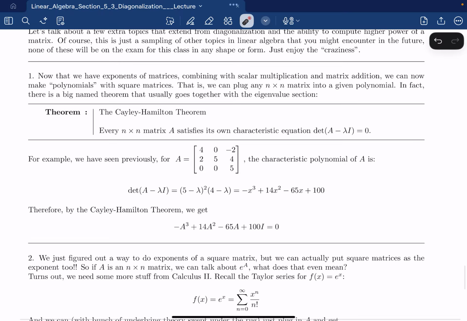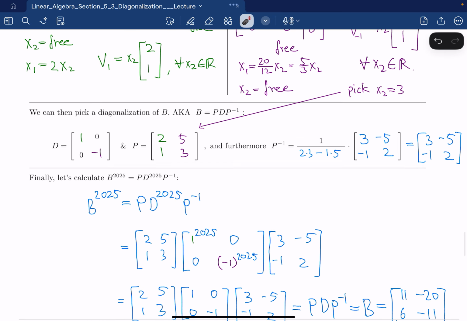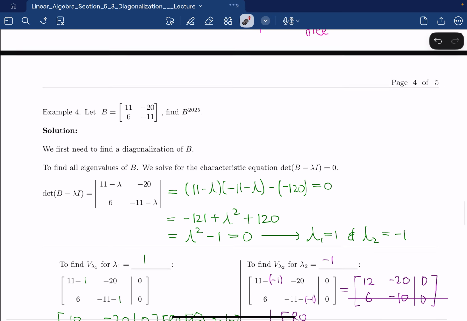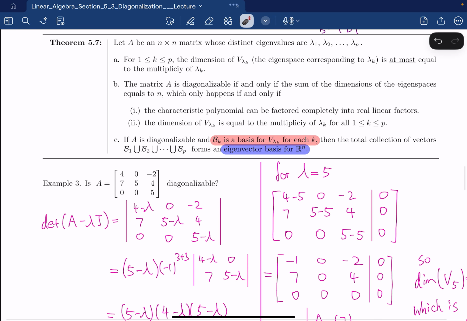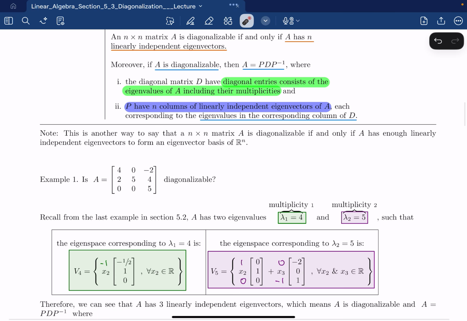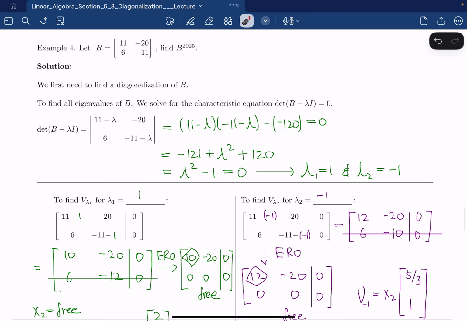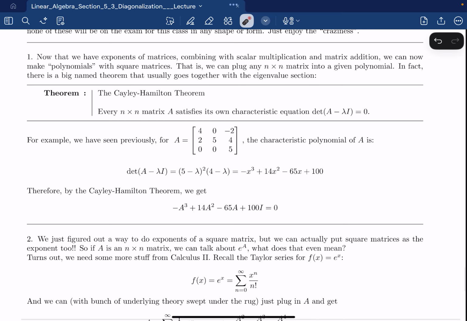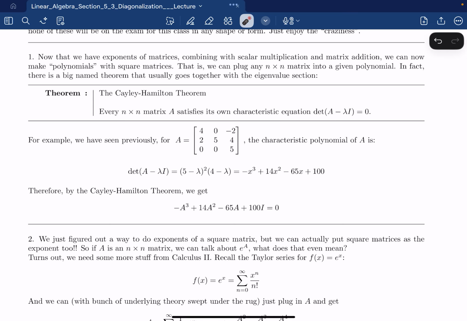So for example, in the previous, I think example 3, when we have matrix A equal to this particular example, actually this is a much older example, not example 3. Example 1, I guess, which really is an example in section 5.2. Either way, here's an example.